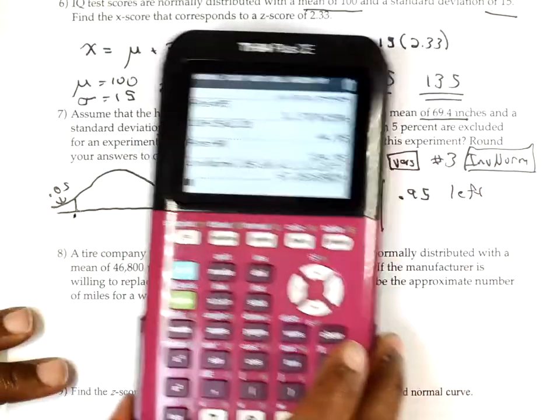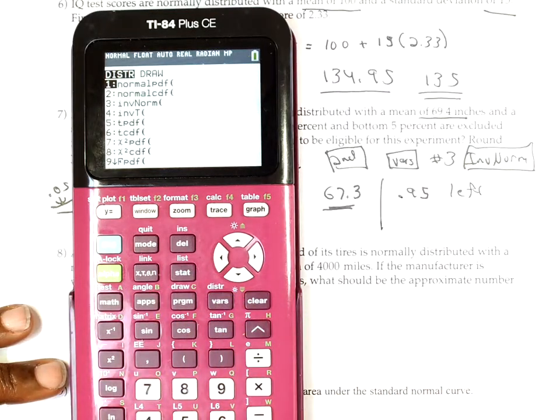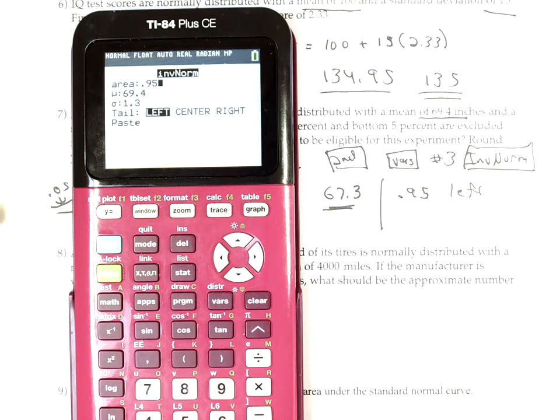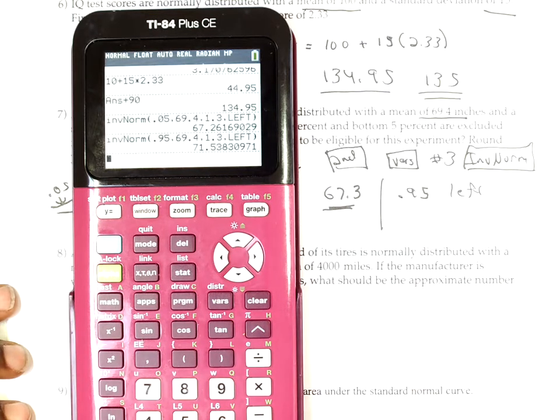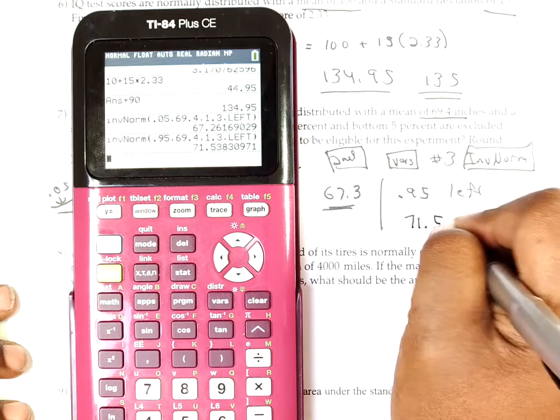Nothing else changes in here. So second VARS, number 3. And the area where it was 0.05, I'm changing it to 0.95. And it's the same mean and standard deviation. And I get a height of 71.5.